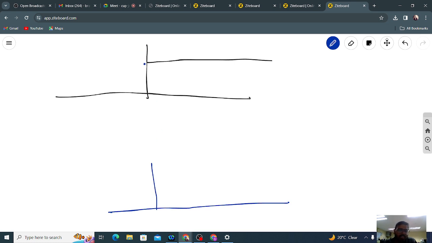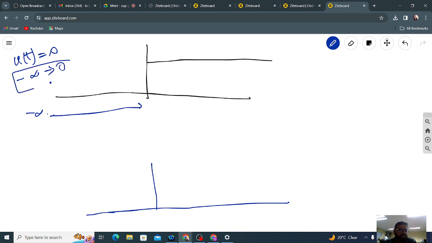If we do the integration from minus infinity to this point, it will not give anything, because the signal value u(t) is 0 in this range. But from this point there will be a sharp increase, because it will be integrated over this region, and the more time we take, the larger the integration value.